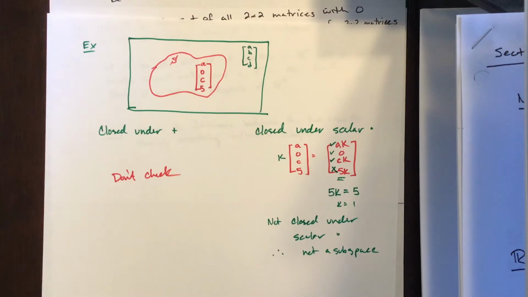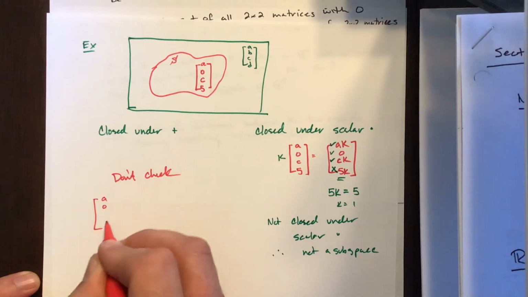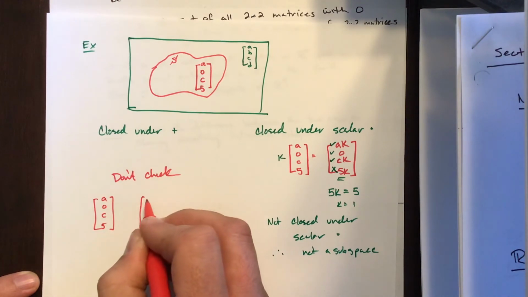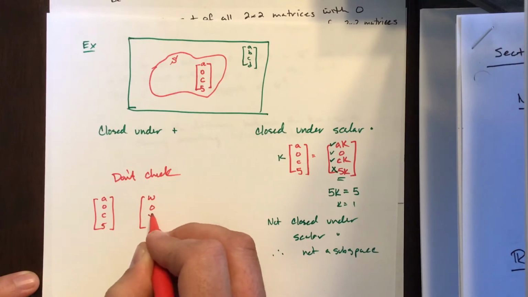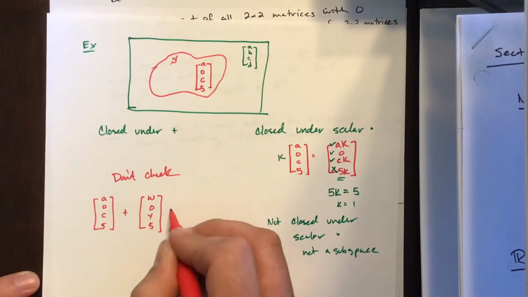All right. So what would happen if we had started with closed under addition first and not scalar multiplication? We would look at something that looked like A, 0, C, 5, and W, 0, Y, 5, and we'd be adding these things together.